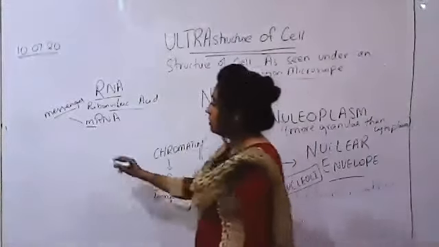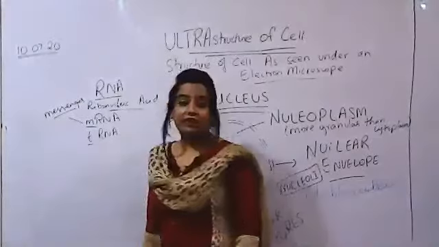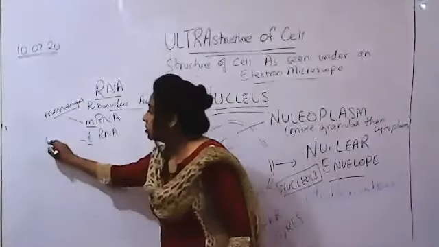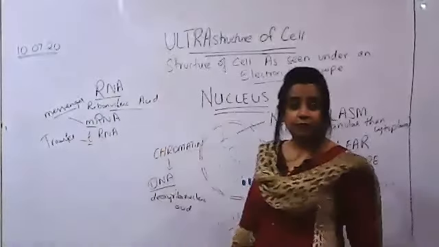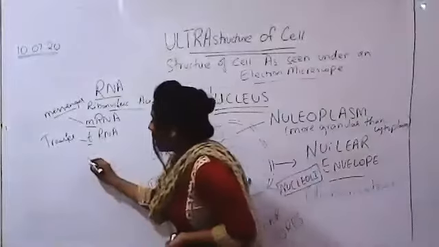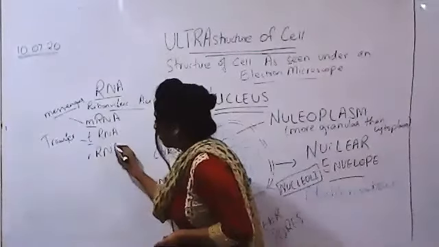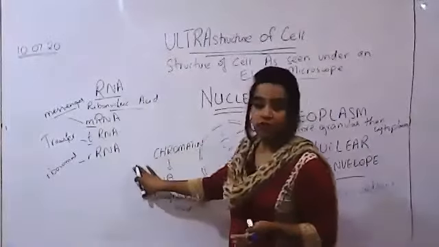Then we have tRNA. tRNA stands for transfer RNA, right? And then there is a third type of RNA known as rRNA. R stands for ribosomal RNA. We will be discussing them in this chapter at different points, and then throughout your book. There will be repeated usage of these three terms.